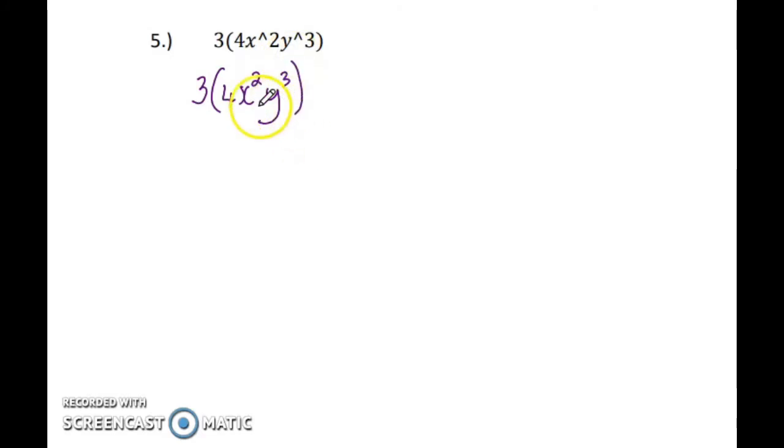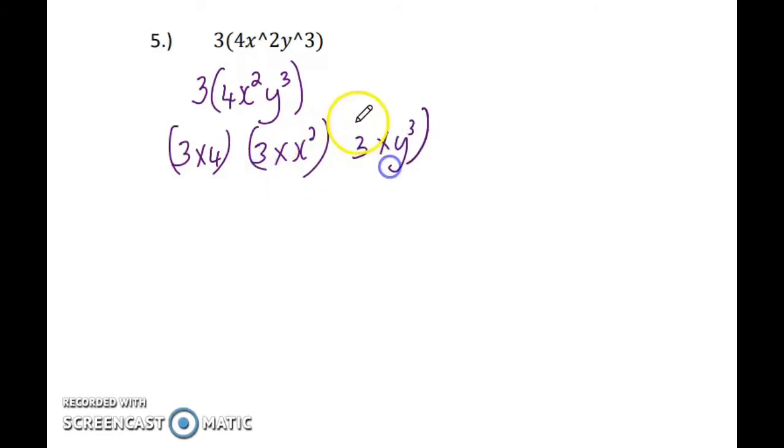When we have a number outside of the bracket, it is saying that it is going to multiply every single thing within the bracket, right? So basically it is saying 3 times 4, it is also saying 3 times x squared, and it is also saying 3 times y to the 3rd.